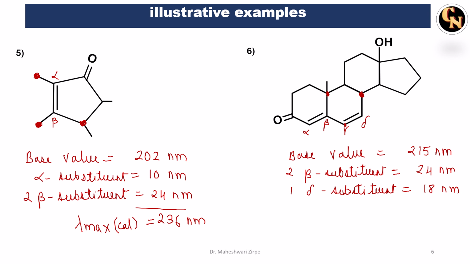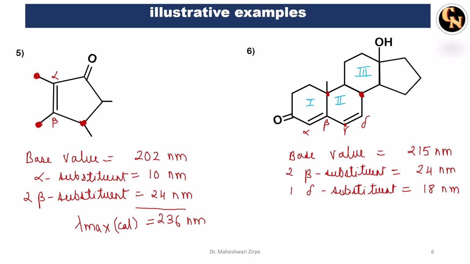Apart from that, anything else we can add to this? Yes, one more thing we can add, that is the exocyclic double bond. The alpha beta double bond is exocyclic to your ring number 2. Suppose we write this as ring number 1 of the enone system, this is ring number 2, and this is ring number 3.